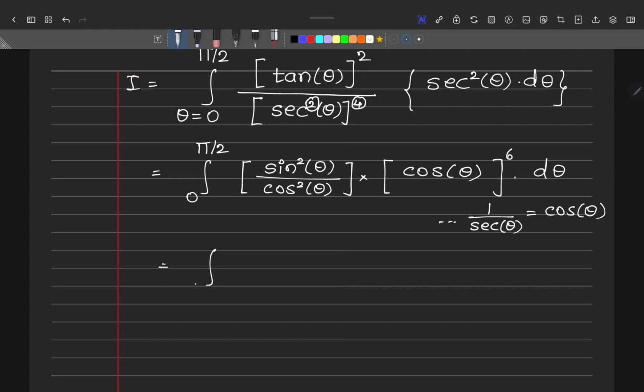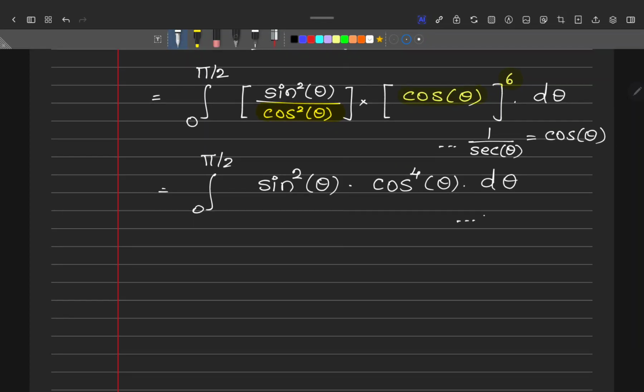Now we can simplify this integration in terms of sine and cosine only. So the power of the sine term is 2 into cos raised to 6 minus 2, that is 4, theta d theta. We have to simplify this term in the numerator and this term in the denominator.